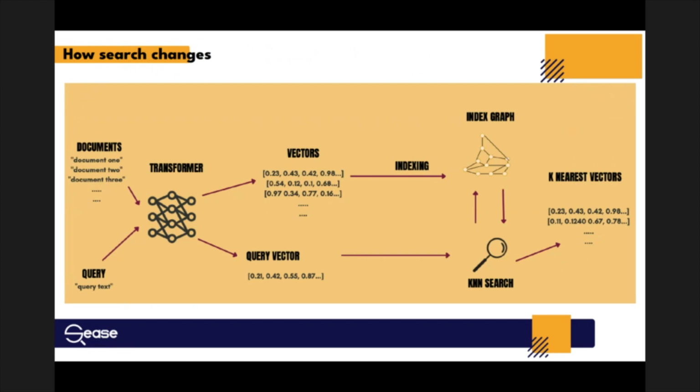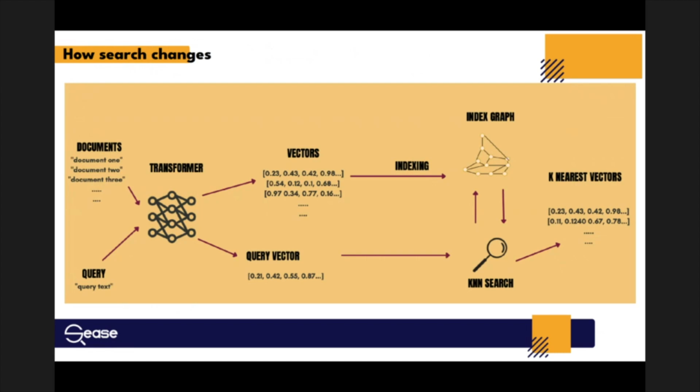The most used nowadays in the open source landscape is hierarchical navigable small world graphs, which use a multi-layered graph representation to represent distance between vectors, and specifically each node is a vector, and an arc between two vectors means that the two vectors are close in terms of distance. And this is how your search pipeline changes at indexing time.